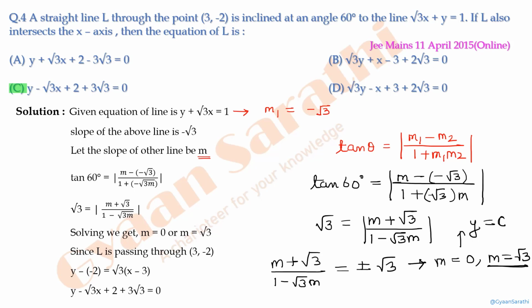This is from the 1 point form, that is y minus y1 is equal to m into x minus x1, and hence we get y minus root 3x plus 2 plus 3 root 3 is equal to 0. I hope you understood the solution.